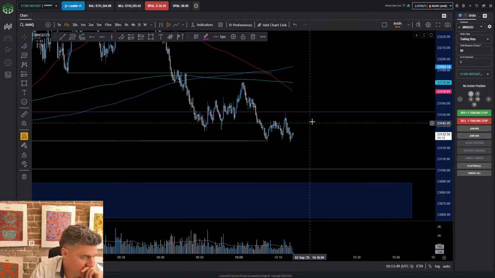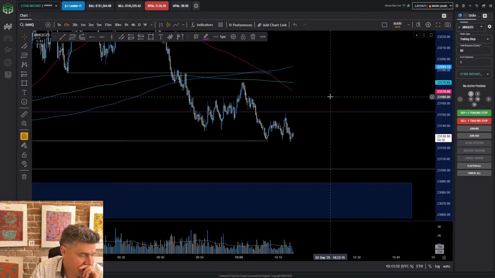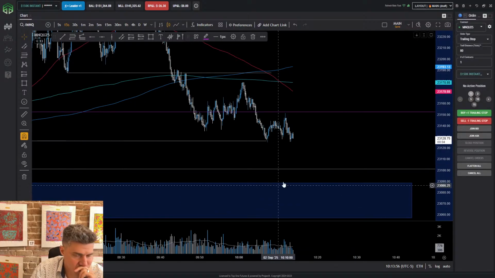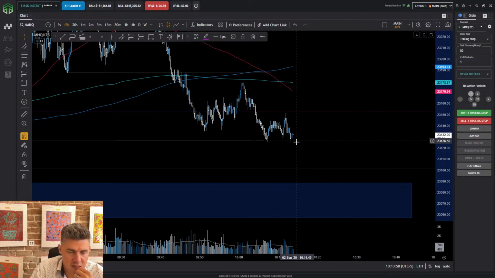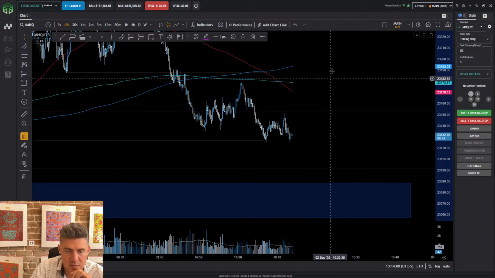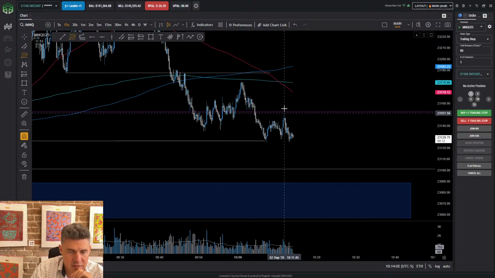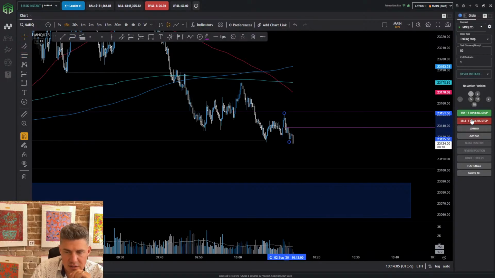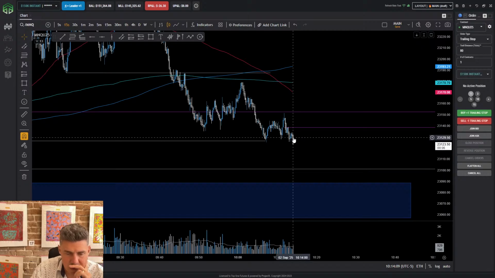But I don't see anything other than a sweep on Google, and we got a double bottom on Google. I think this fails right here, ladies and gentlemen. I definitely don't think it gets back above 50. Yeah, here we go. Here's that failure that I was seeing.